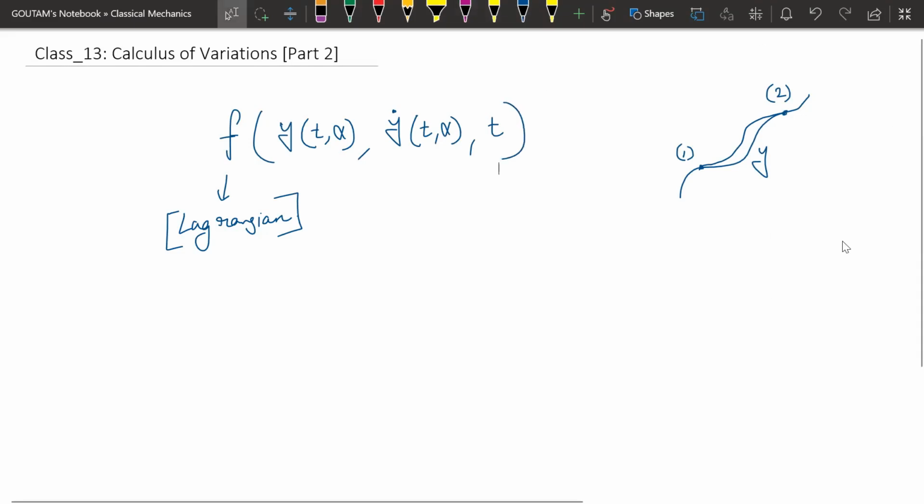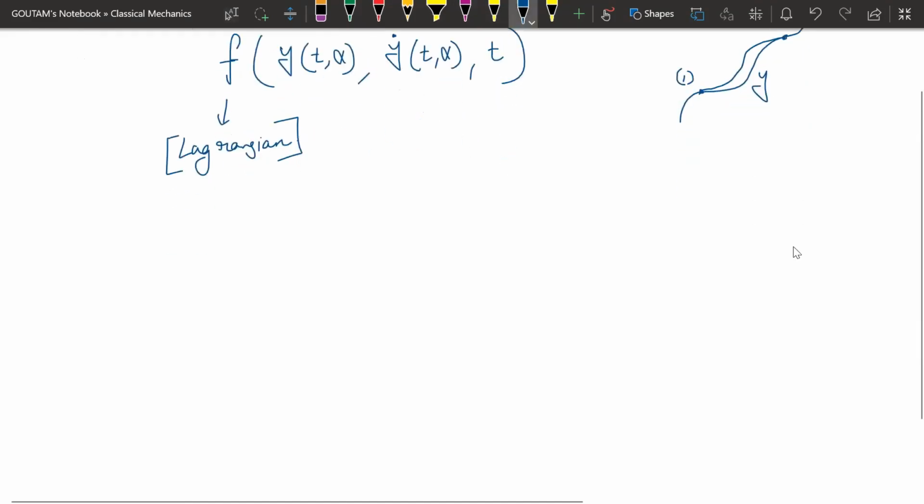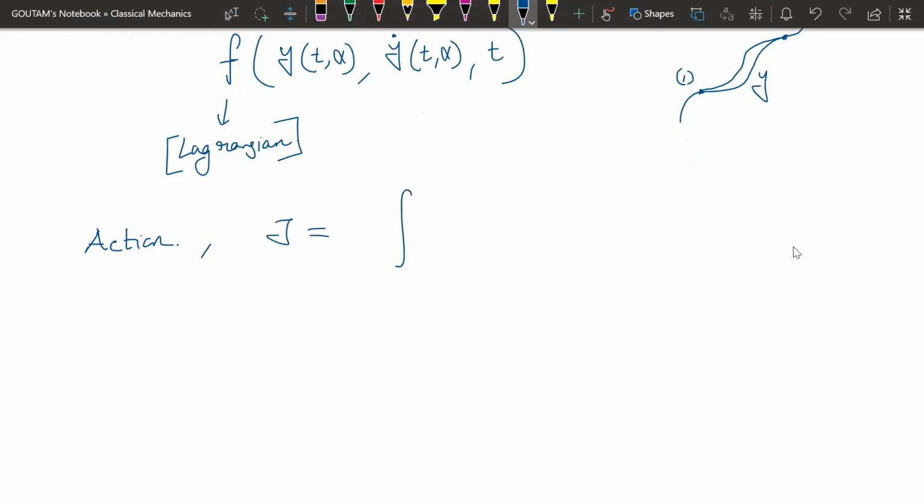If the particle moves in time, we can define a quantity called action, which is, from t1 to t2, the line integral of f along this path. So f of y(t, alpha), y dot(t, alpha), and t, dt.